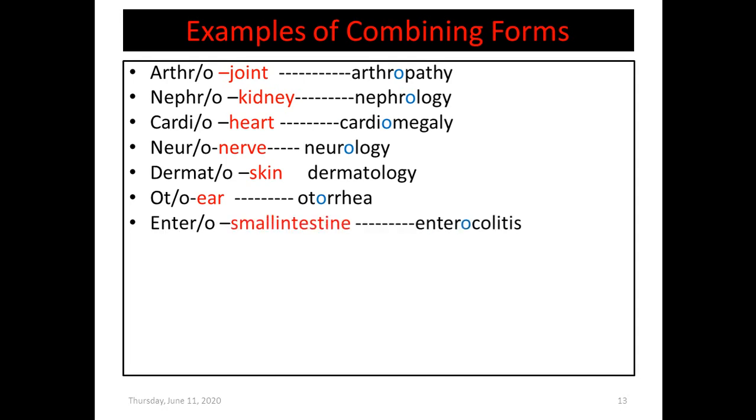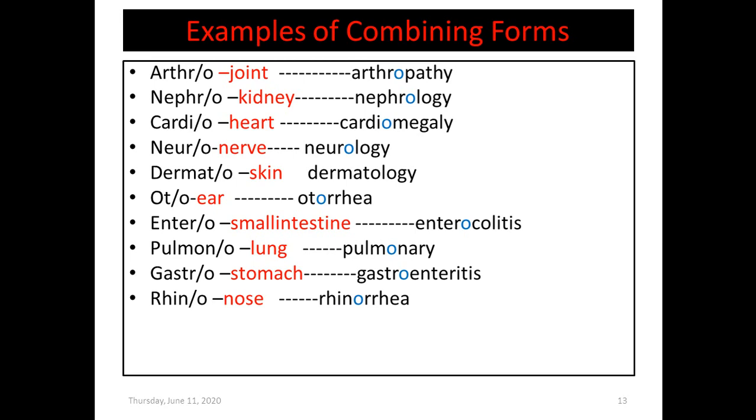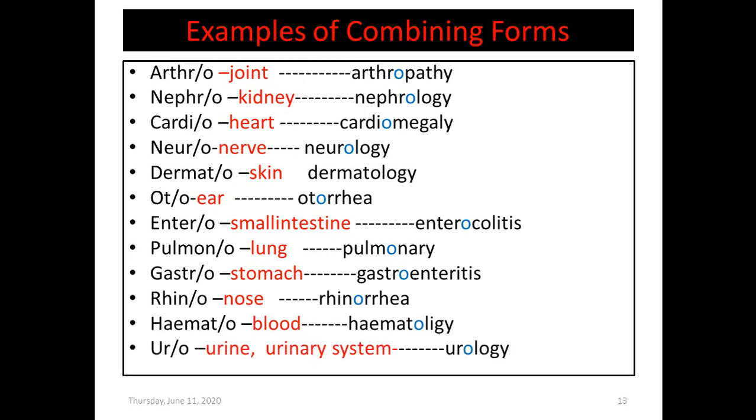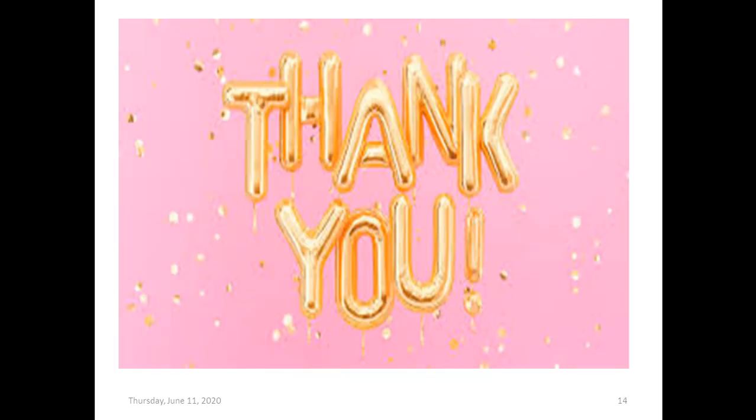The small intestine is entero, so enterocolitis or enteritis. Pulmo means the lung, pulmonary. Gastro means stomach, gastroenteritis. Rhino, the nose, rhinorrhea. Hemato, blood, hematology; and urine, urology. Thank you very much.